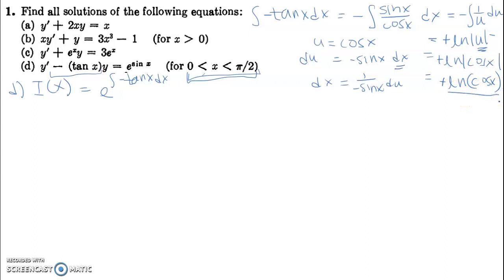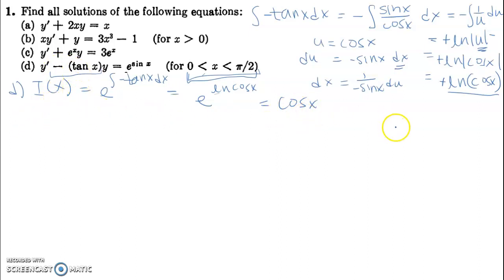We have this as e to the power of ln cosine of x. And just like the previous problem, we know that if e is raised to the power of ln of something, this is just going to take on the cosine value. All right, so this is our integrating factor.